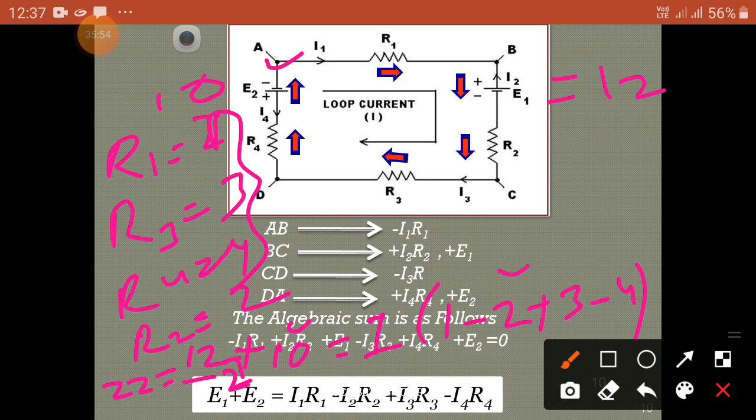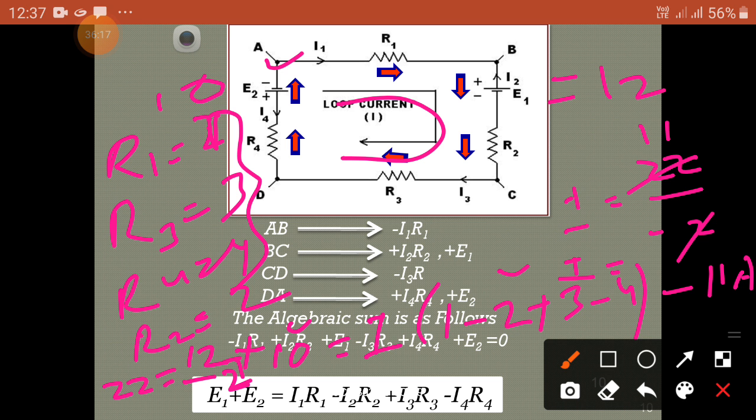I want I, so I is equal to 22 by minus 2, that is equal to minus 11 amperes. That means whatever assumption I took in the loop, the clockwise direction is not correct, you have to take the anti-clockwise direction. That is simple.